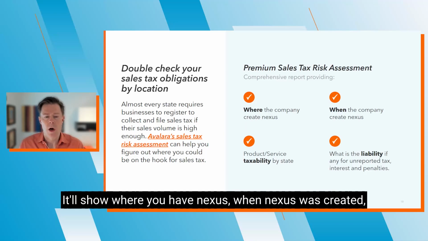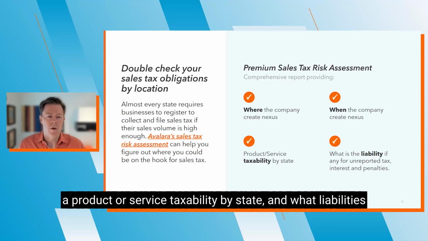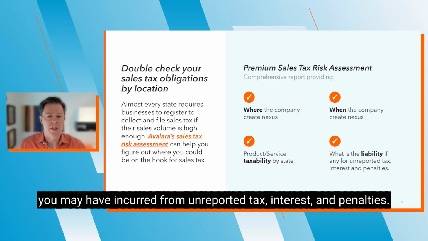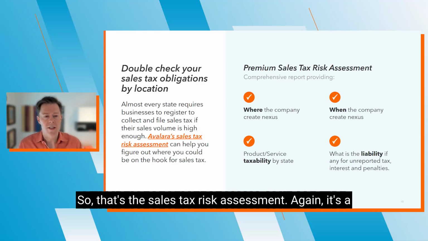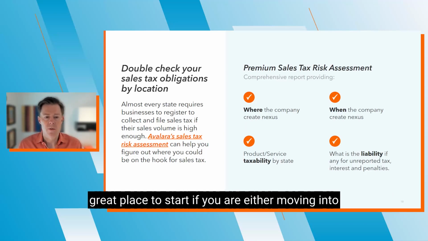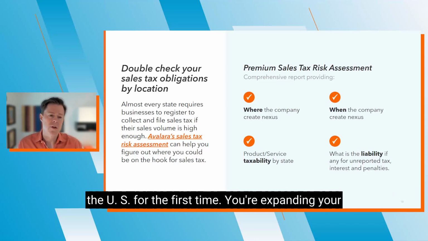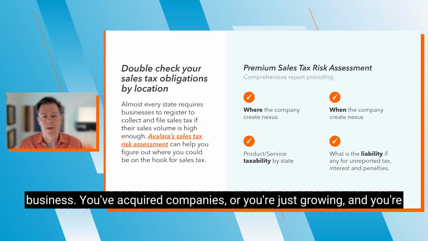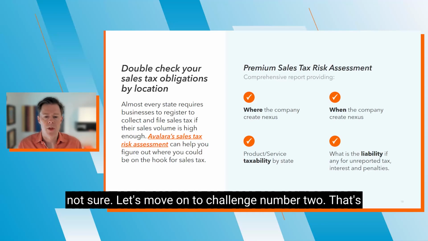It'll show where you have nexus, when nexus was created, service taxability by state, and what liabilities you may have incurred from unreported tax, interest, and penalties. So that's the sales tax risk assessment. Again, it's a great place to start if you're moving into the U.S. for the first time, you're expanding your business, you've acquired companies, or you're just growing and you're not sure.